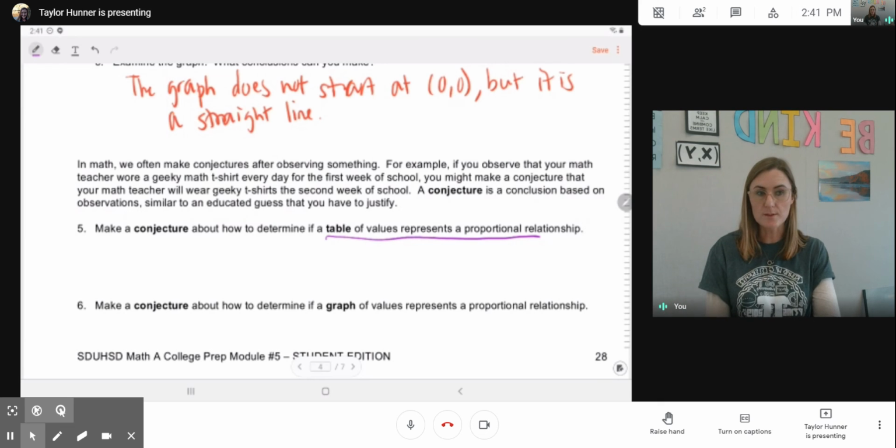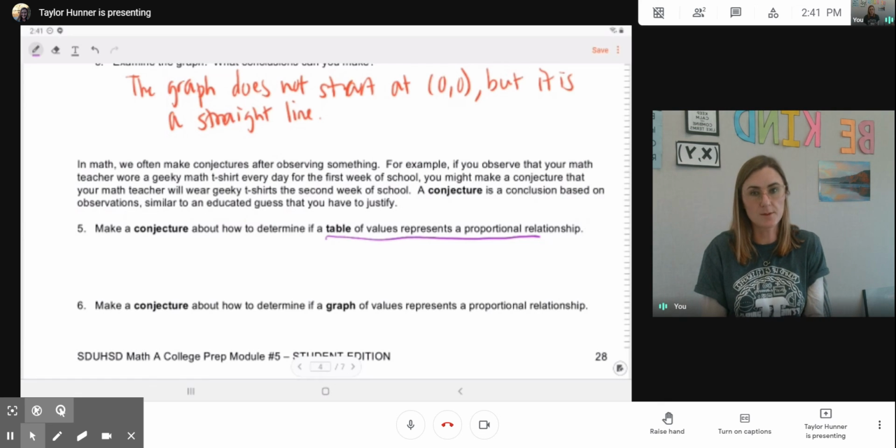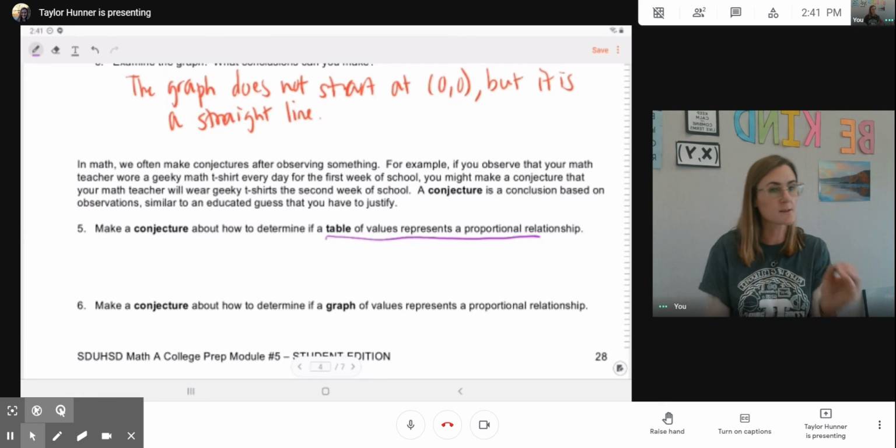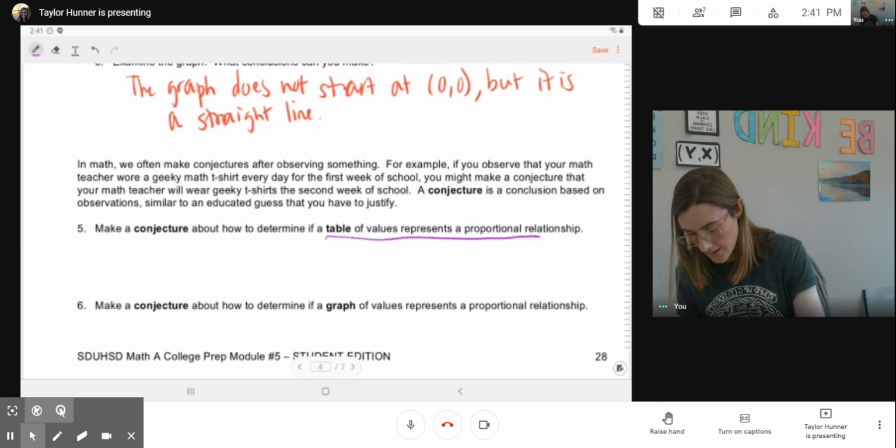This is really important because this is how you're going to tell on a test or a quiz, is this a proportional relationship in this table of values? So if we think back to all the tables that were proportional in this lesson, every single time to get from my x to my y, I could multiply by the same number. So that's what I'm going to say here.